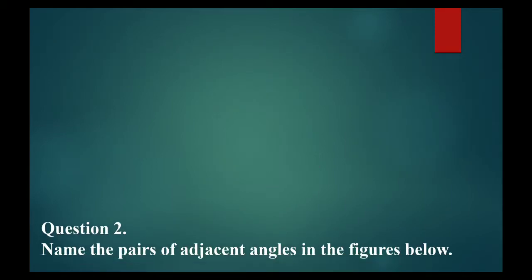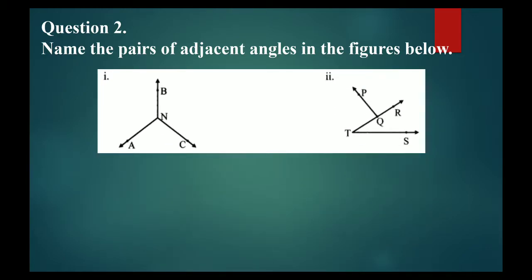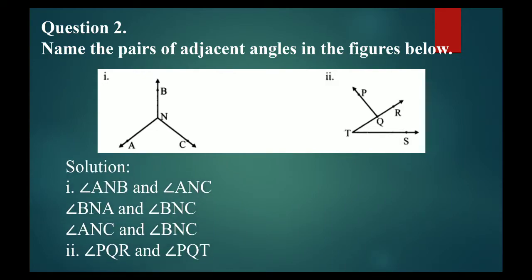Question number 2. Name the pairs of adjacent angles given below. So let us write, children, for figure number 1. Angle ANB. This is one angle, children. The adjacent angle is ANC.